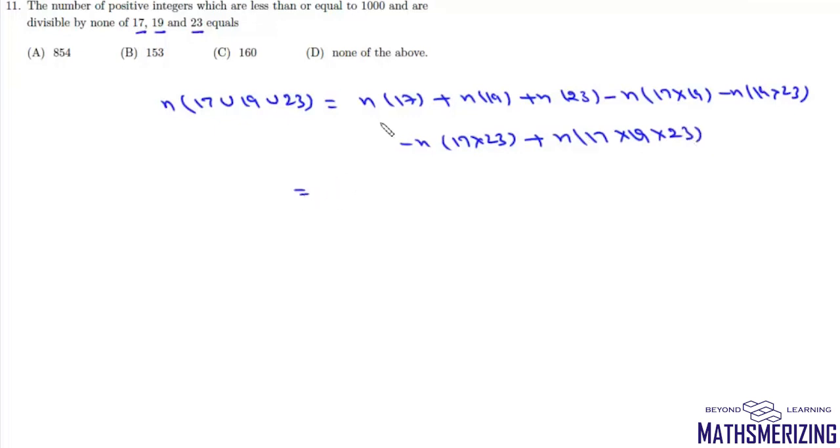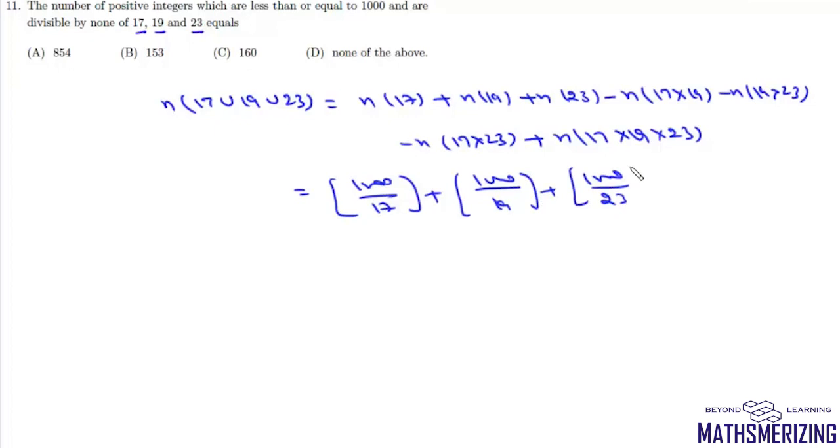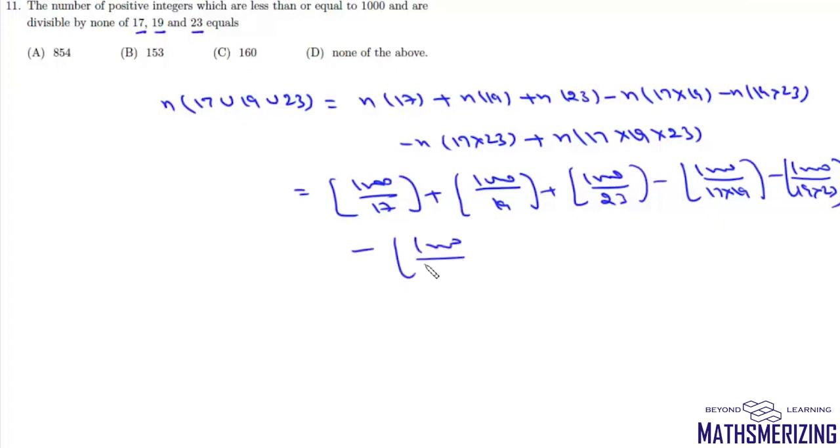Now numbers divisible by 17 will be greatest integer function of 1000 divided by 17. Here will be greatest integer function of 1000 divided by 19, greatest integer function of 1000 divided by 23, minus 1000 divided by 17 into 19, 1000 divided by 19 into 23, 1000 divided by 17 into 23, and then plus 1000 divided by 17 into 19 into 23.